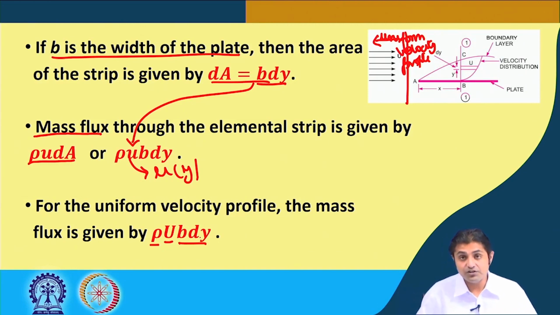This is if the flow was uniform, and there was no plate, for example, and you would have considered the same elemental area of thickness dy.